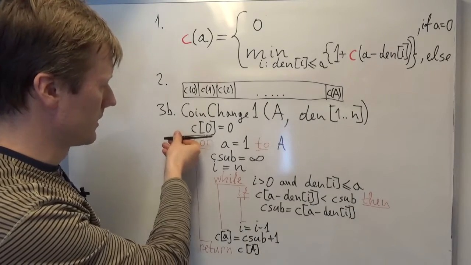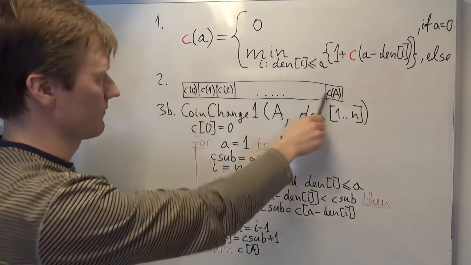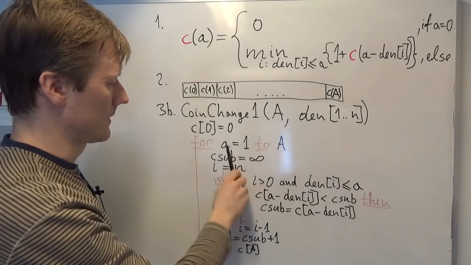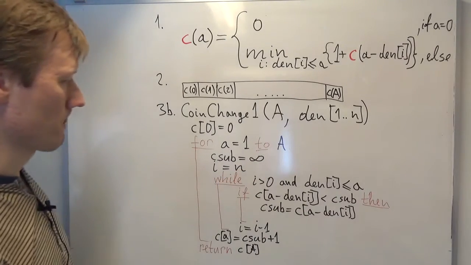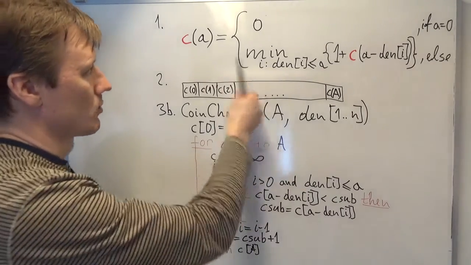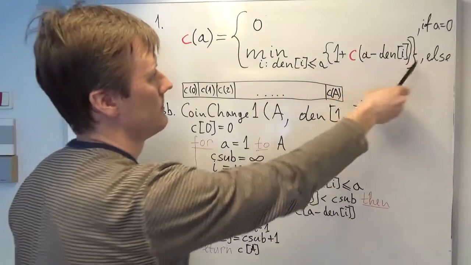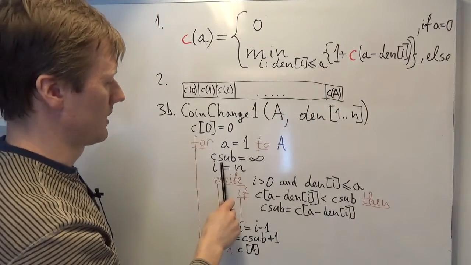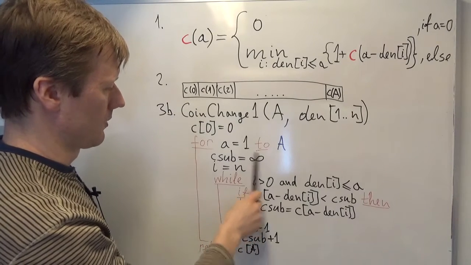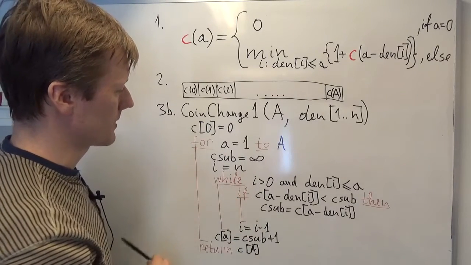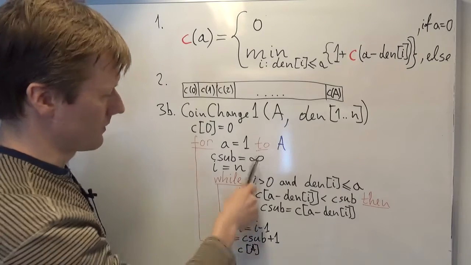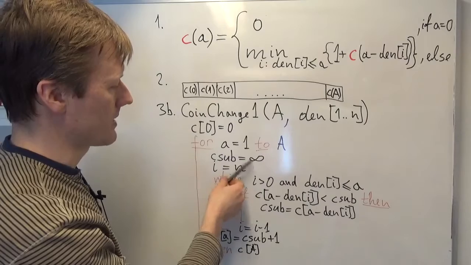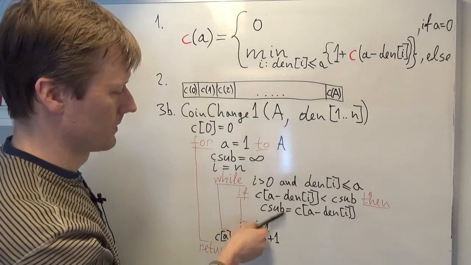Then, as we already discussed, we fill the table from left to right, so from a equals 1 to small a equals capital A. And we just program this min choice here. So we start with some value of infinity for variable C, some very large value, and then whenever we see something smaller than that, we will update it right here.